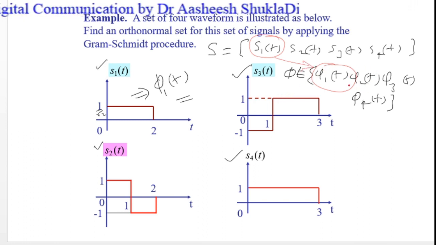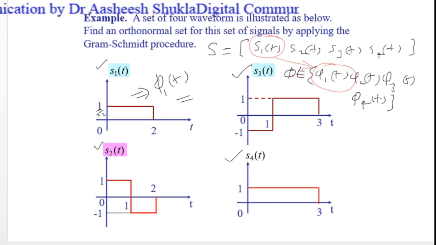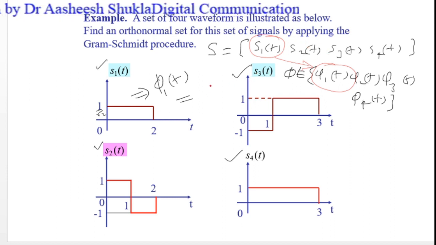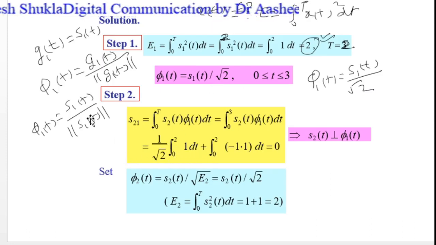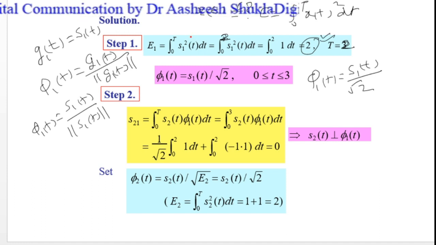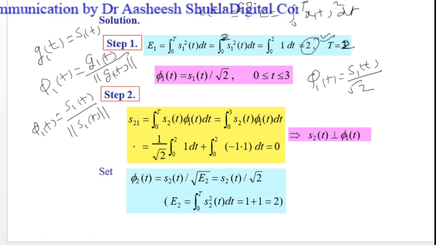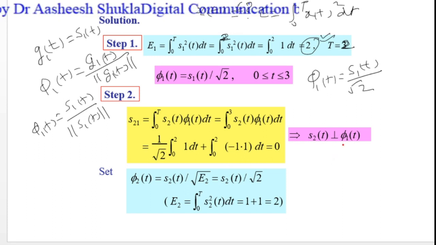Now we have to find phi 2t, and definitely it will be because of S2t, right? But whenever we want to find phi 2t, remember that now we have the vector phi 1t available to us. So this phi 2t vector should be orthogonal to phi 1t.